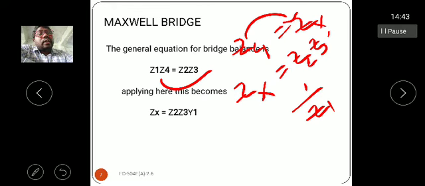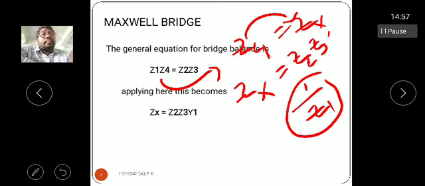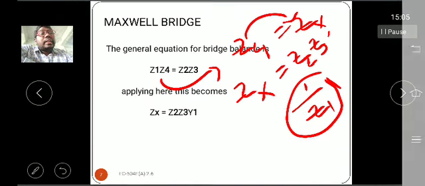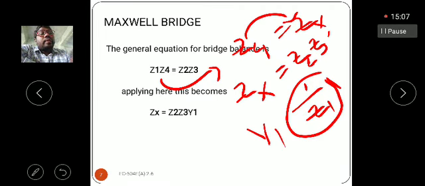The LHS part is multiplied to the RHS. 1 by Z1 is nothing but the admittance of the first arm, so we replace 1 by Z1 with Y1.